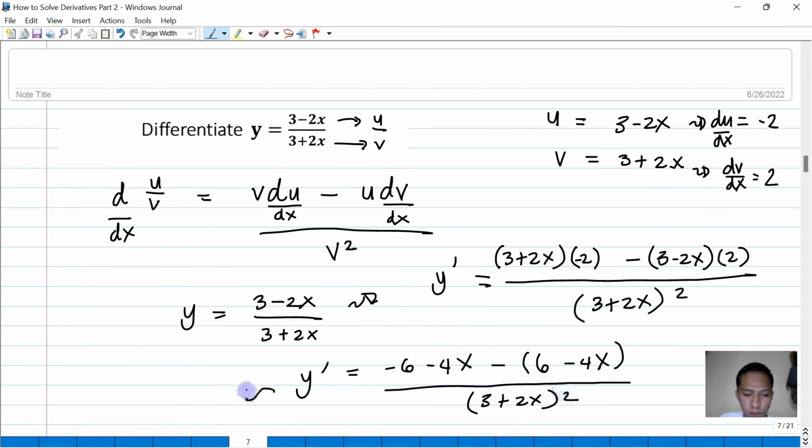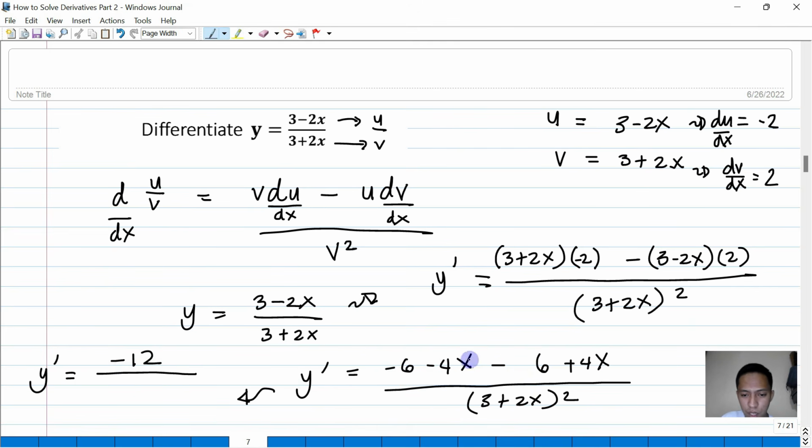So simplify lang natin guys, that becomes y prime equals, so this is negative 6 minus 4x minus, so negative times 6, positive, that becomes negative. So pag tinanggal natin yung parenthesis, okay, negative times positive, that is negative. Negative times negative, that is positive. Okay, this becomes positive if you remove the parenthesis. Okay, so this becomes negative 6 minus 6, that is negative 12.